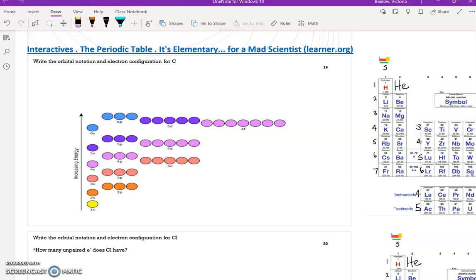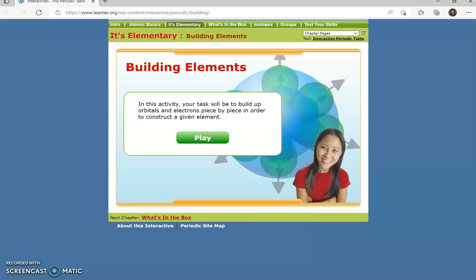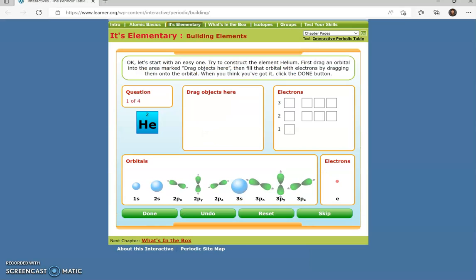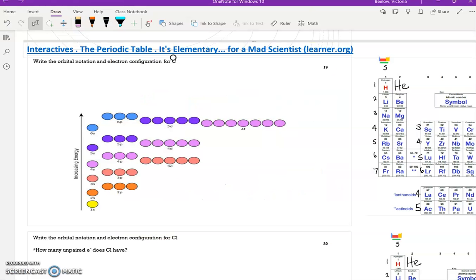But before I get to that, I want to explain a little bit of what we're talking about in terms of electron configurations. So this link is in the notes right here.